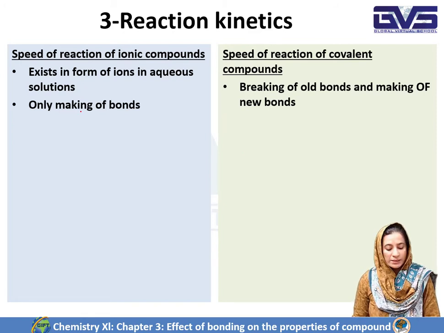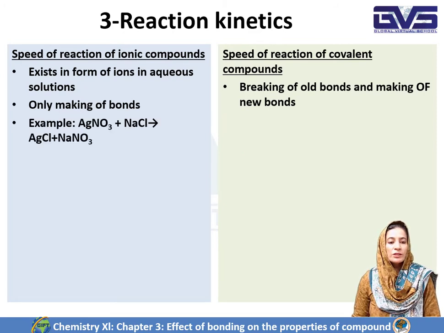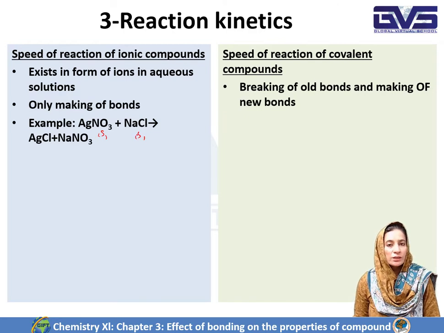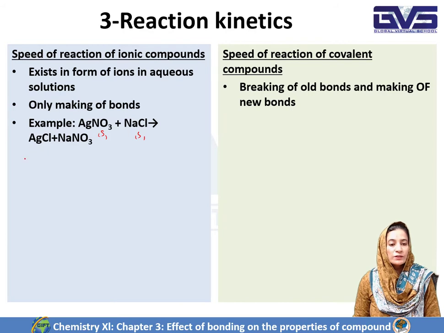Now I will explain with the help of an example. For example, silver nitrate, this is a solid. Sodium chloride, this is also a solid. Solids do not react with each other. So first of all, there are solutions of silver nitrate.